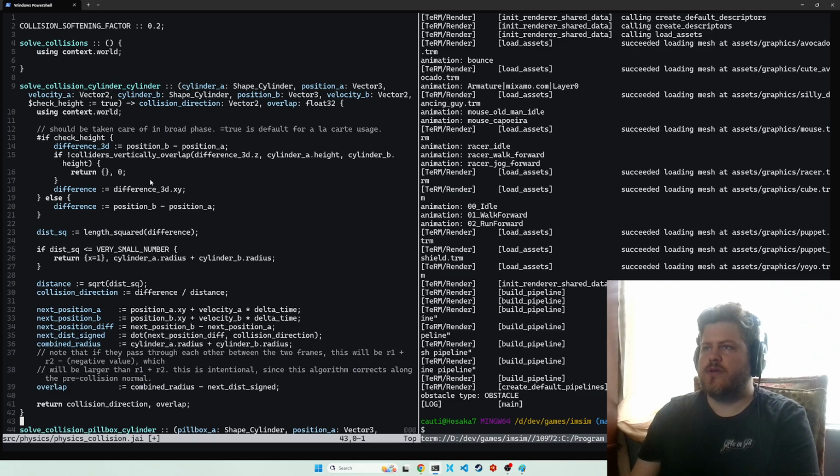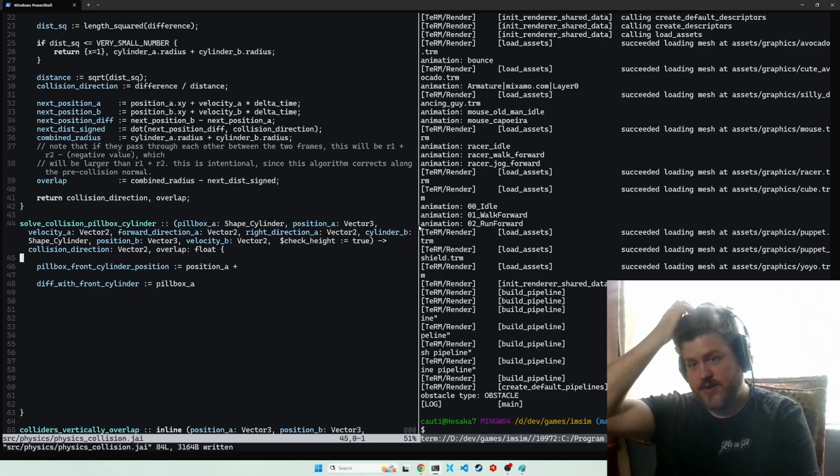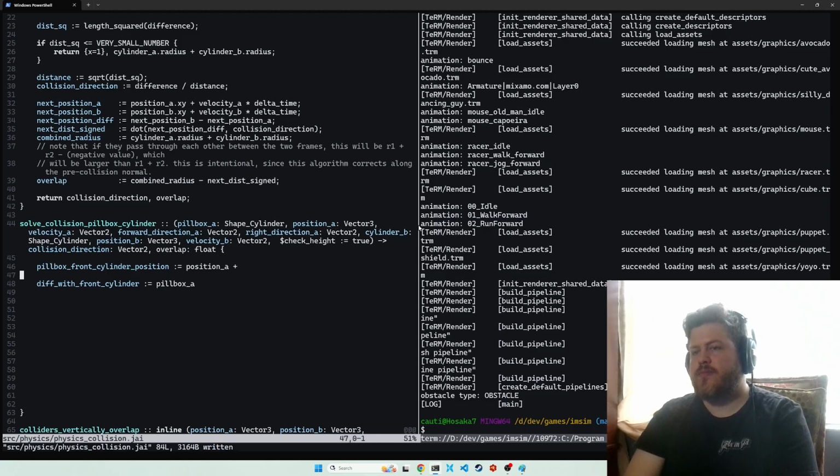Is it though? Velocity, position B, vector 3? I think we'll say they're vector 2s, because this game, though it is 3D, it takes place kind of on a 2D plane. And that simplifies things quite a lot.